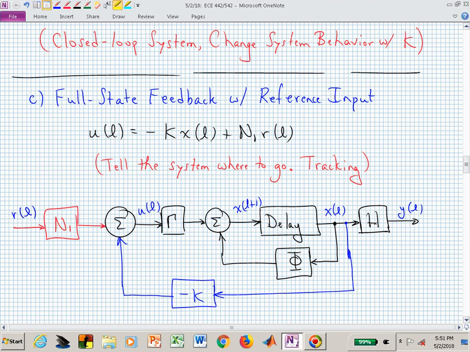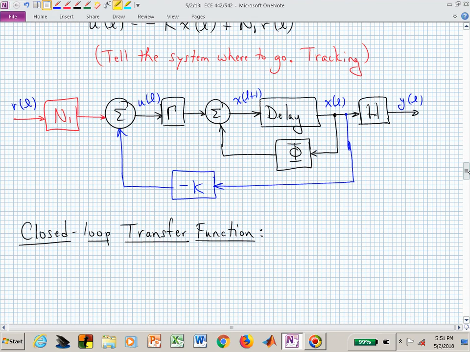If you knew phi without any errors, gamma without any errors, and h without any errors, then you could pick k and n1 to give you very nice tracking of constants. So let's walk through that, because this is really what you're wanting to do on homework number 8. You should be able to write the equations that govern this system's dynamics.